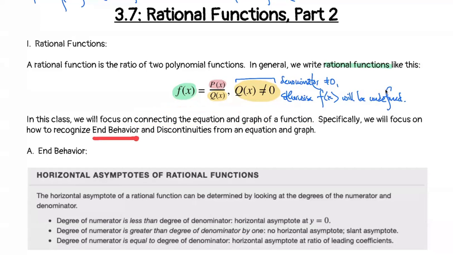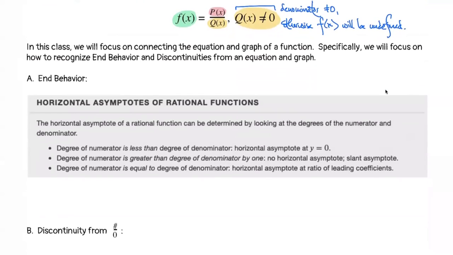One is called end behavior, and the second is called discontinuities. I'm going to be asking you a lot about the end behavior and the discontinuities. So what do those mean? Let's take a very brief look at what these mean, and then I think we'll probably take a break before we jump into a bunch of examples.